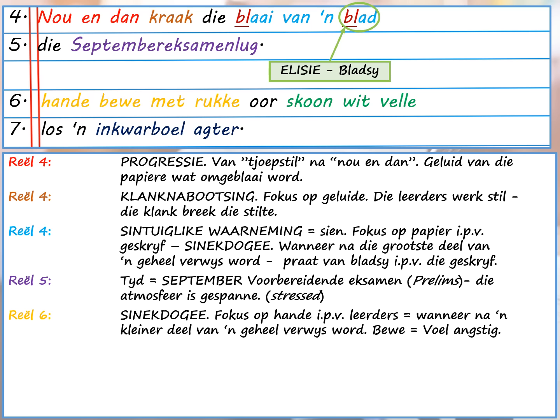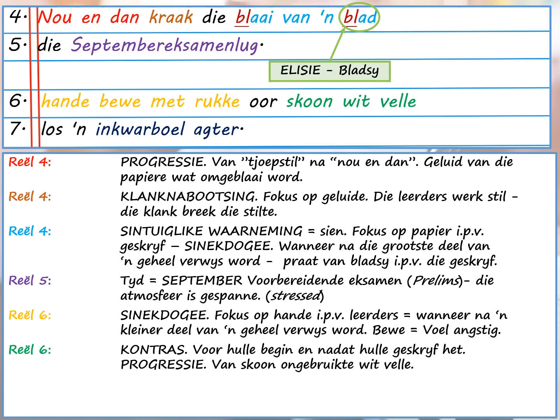So the synecdoche here refers to the hands that tremble. Now that tremble could be the writing of the hand that you could see, or it could also be because of fear, because of stress, that the hand is shaking. Where is it shaking? It is shaking over the white pages that they are writing on. So here we've got contrast.